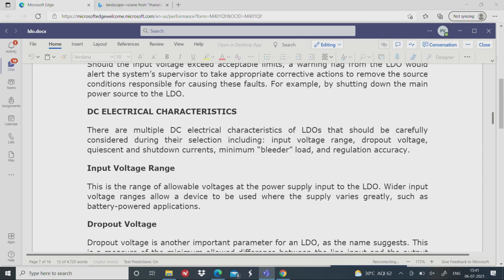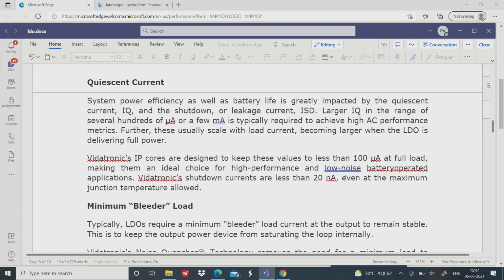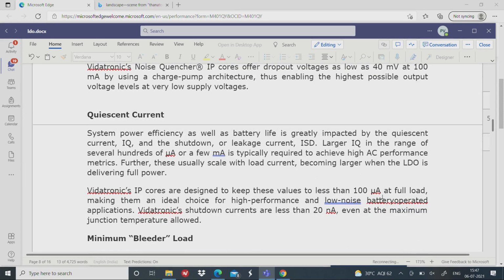Then this document goes into the DC electrical characteristics of the system. Quiescent current, well, I think you know very well that this is also very important when you are doing battery driven or energy harvesting systems, you have to take care of it. Here he is talking about 100 microamps of quiescent current at full load.